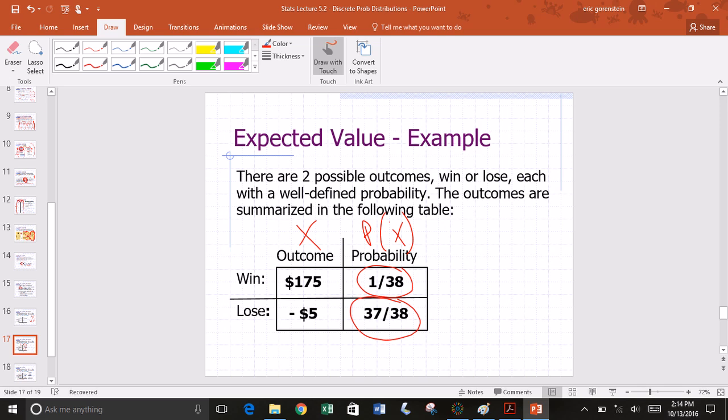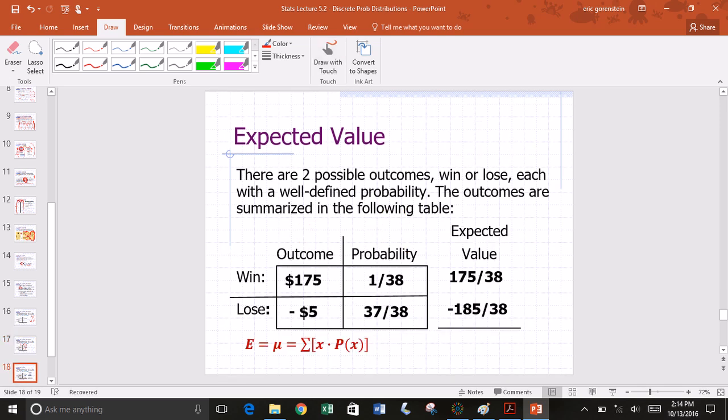Now, when we're talking about the expected value, down here I have the formula, the summation of x times p of x. So if we take x, which is, in the first case, 175 times p of x, we get 175 over 38.